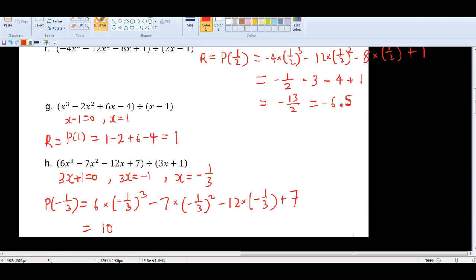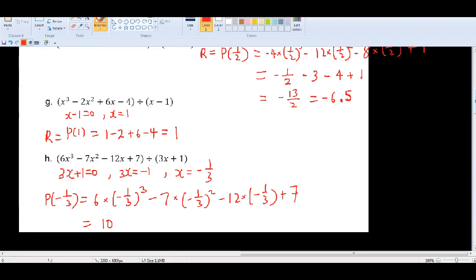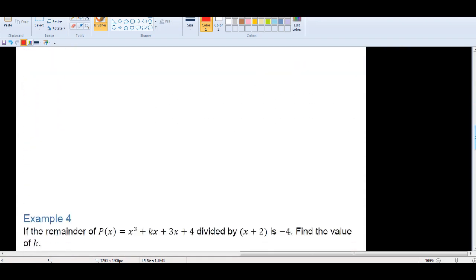So the x, you are going to do the substitution, should be x equals minus 1/3, because for the divisor equals 0, you make 3x plus 1 equals 0, and then x will be minus 1/3. That's no problem at all. Okay, let's move on.